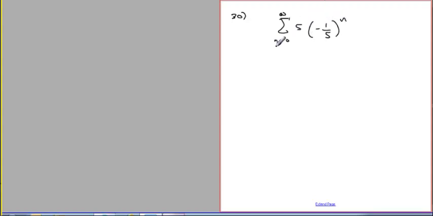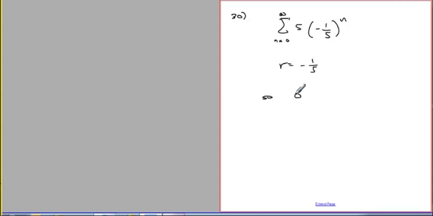So that looks like a geometric series to me. And if we go back and look at a geometric series, the rule says, so geometric series is in section 2, and it says if the absolute value of r is between 0 and 1. So r is negative 1/5.